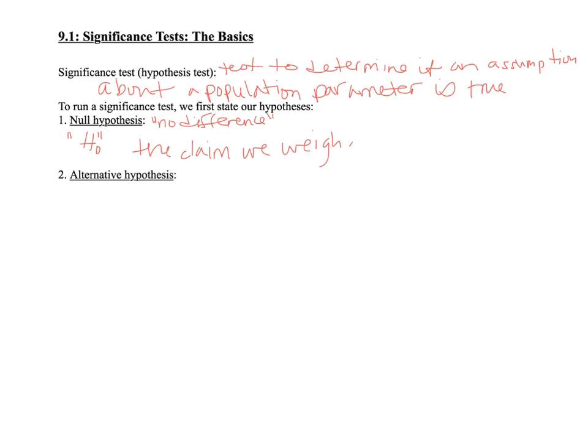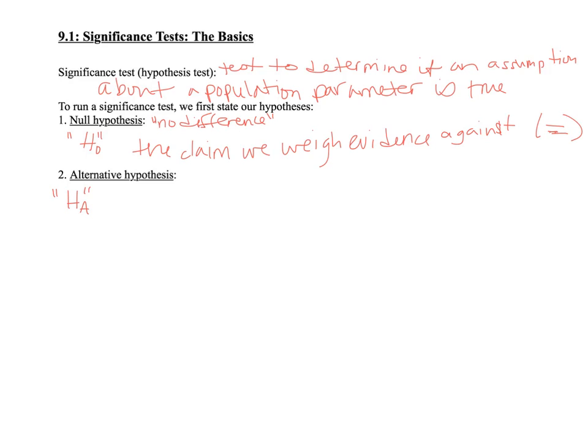And one thing that's important with our null hypothesis, at least in this class, is it's always going to be written with an equal sign. Occasionally you'll write it in words, but generally it's going to be with an equal sign.